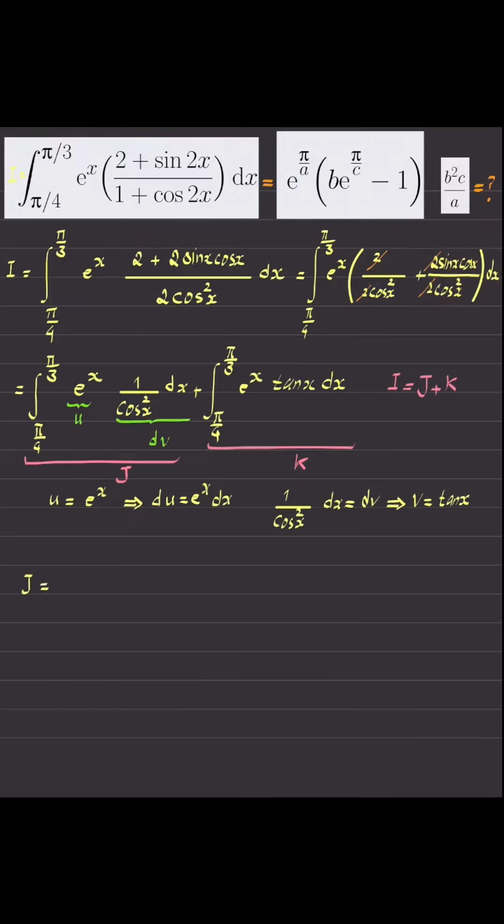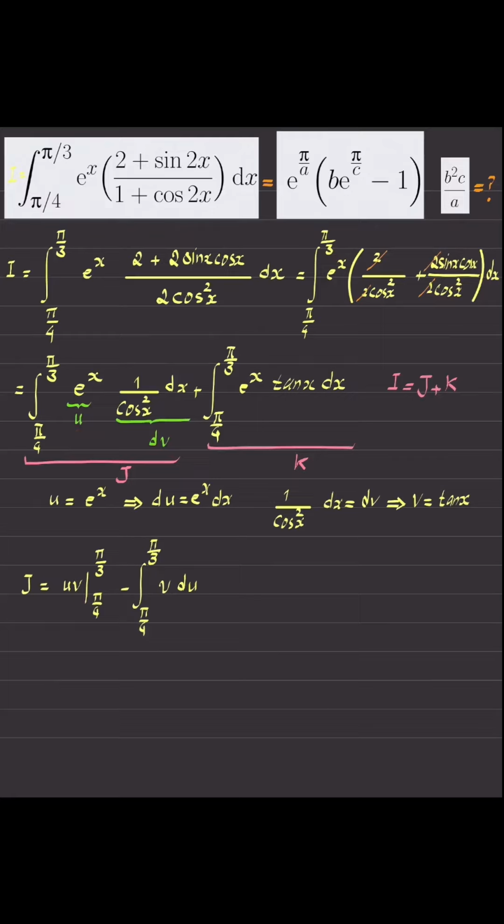So the answer becomes uv from pi over 4 to pi over 3 minus integral from pi over 4 to pi over 3 v du. Yes, this is the standard formula for integration by parts. Integral u dv is uv minus integral of the other way around, v du.